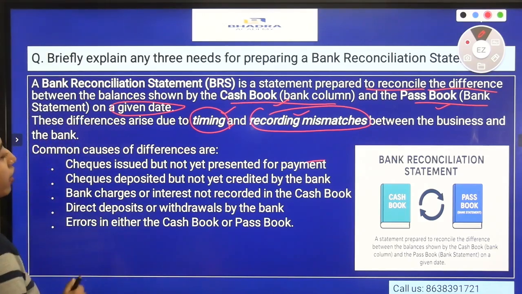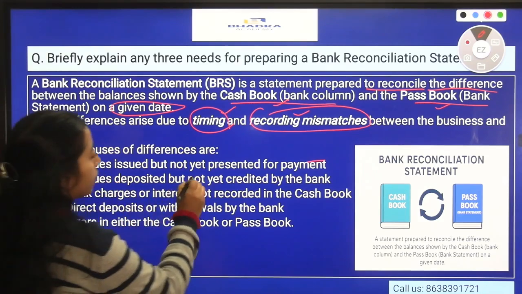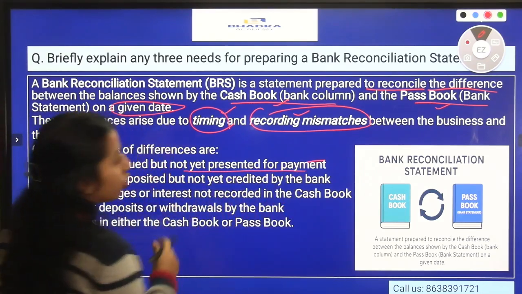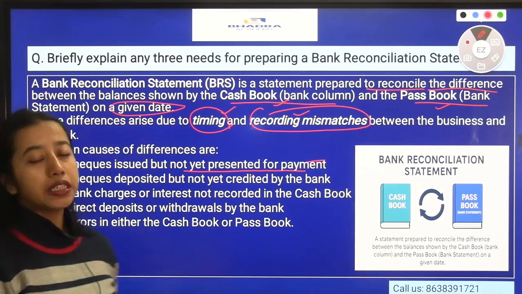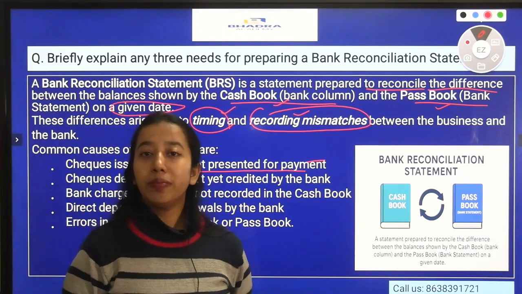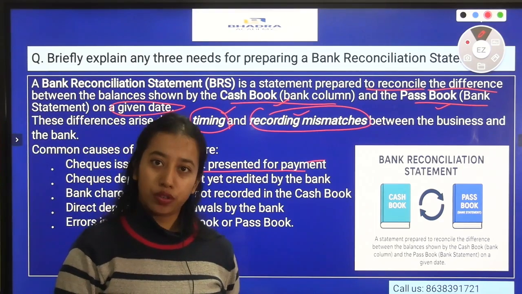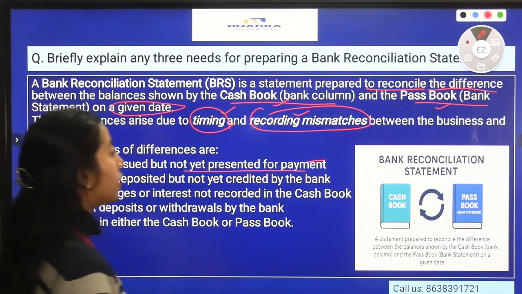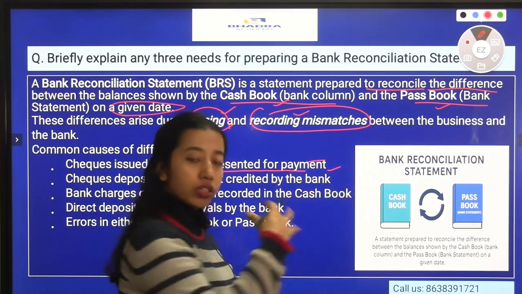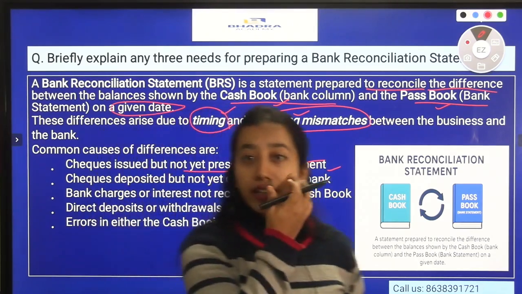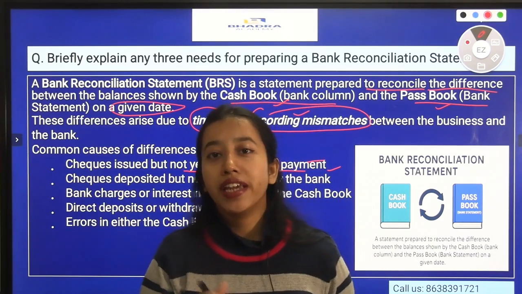The first is checks issued but not yet presented for payment. When the business issues a check, it will immediately record that in the cash book. However, if it is not presented for payment at the bank, it is not yet recorded by the bank in the passbook.